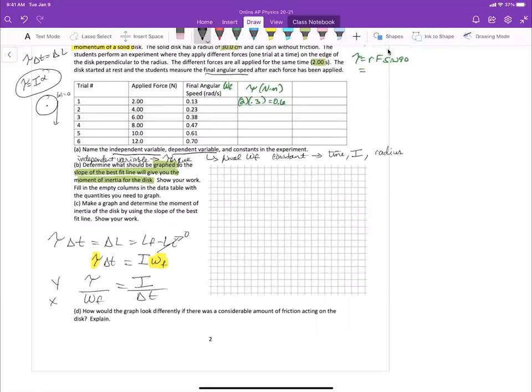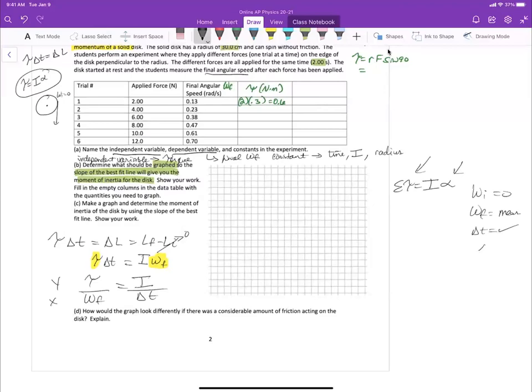I can graph this on my y-axis and this on my x-axis. That's one way. I could have also summed all the torques and said they're equal to I times alpha. We know the torque. We could find alpha, the angular acceleration, because I know the initial speed is 0, the final angular speed we measure, and I have time.